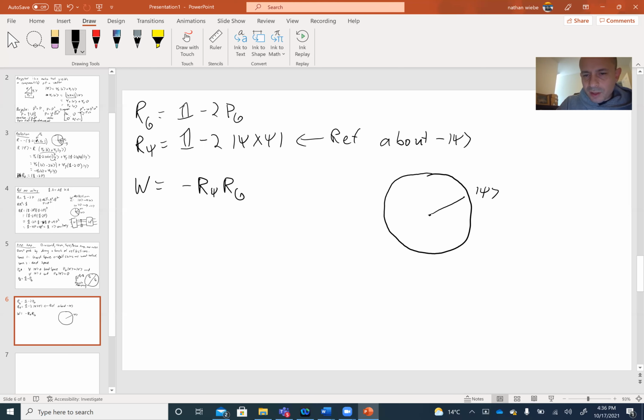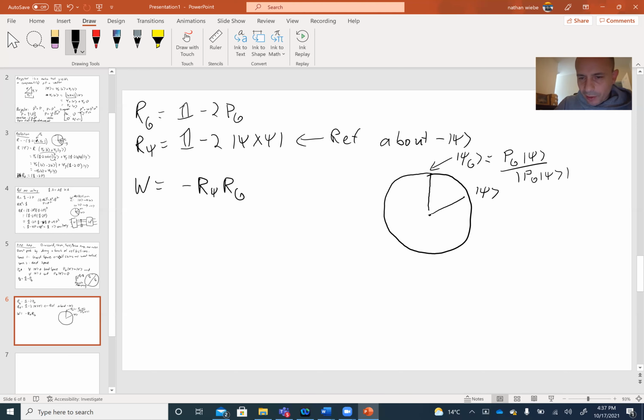Okay, and we want to get a good state over here. So I'm going to define a state psi g up here, which is just going to be equal to P_g psi divided by the length of P_g psi.